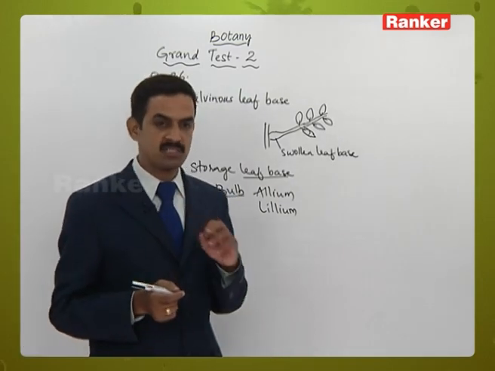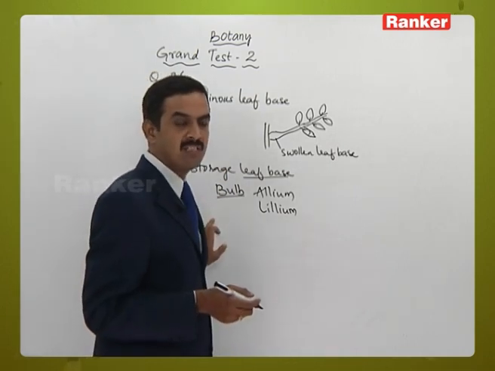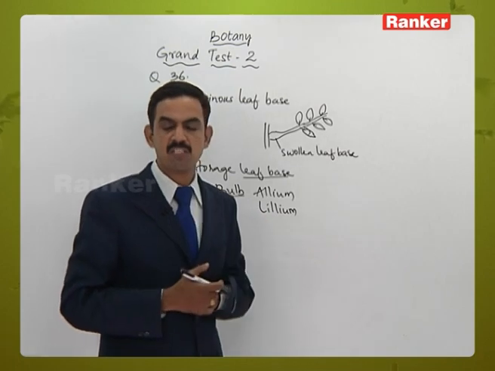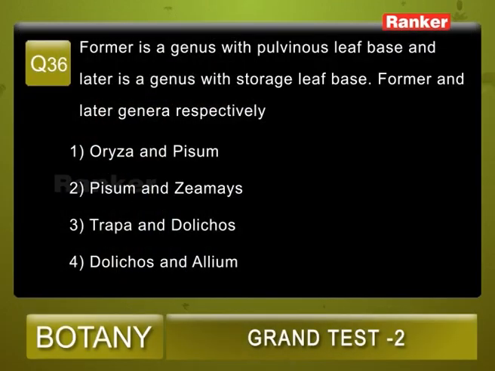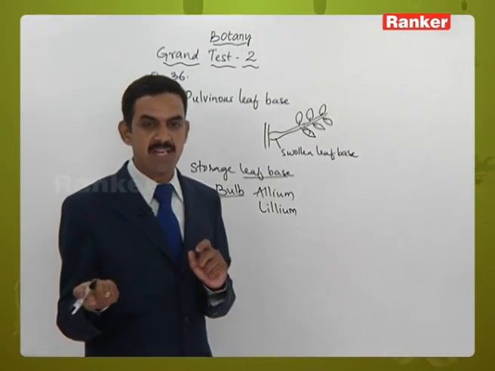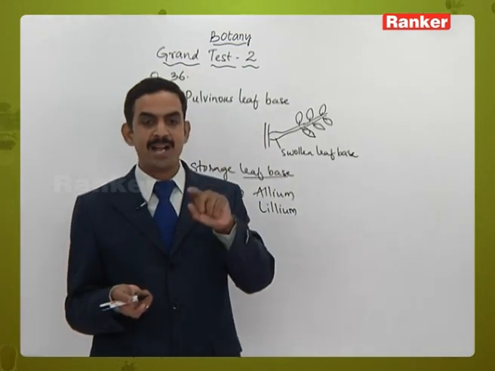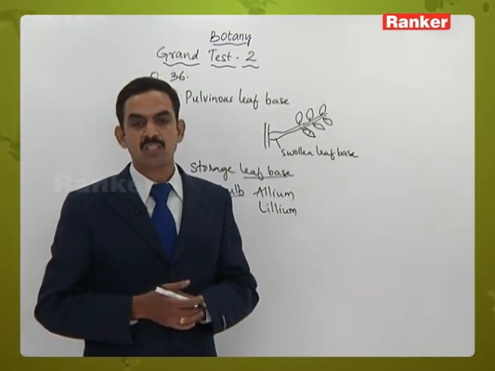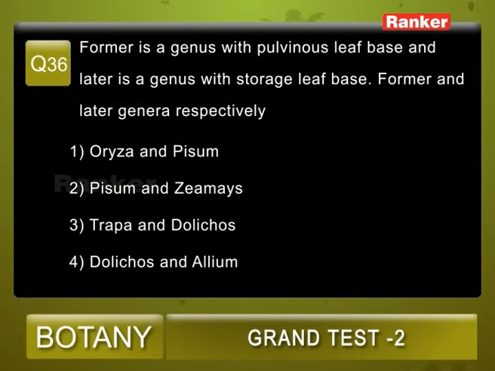Now let us see the options. The first one should be a plant with pulvinous leaf base. The second one should be the genus which is having the storage leaf base, right? First one, Oryza and Pisum. Oryza is not correct, and Pisum and Zea mays: Pisum contains pulvinous leaf base, but Zea mays does not have the storage leaf base, so that is incorrect. Third one, Trapa and Dolichos, that is also wrong.